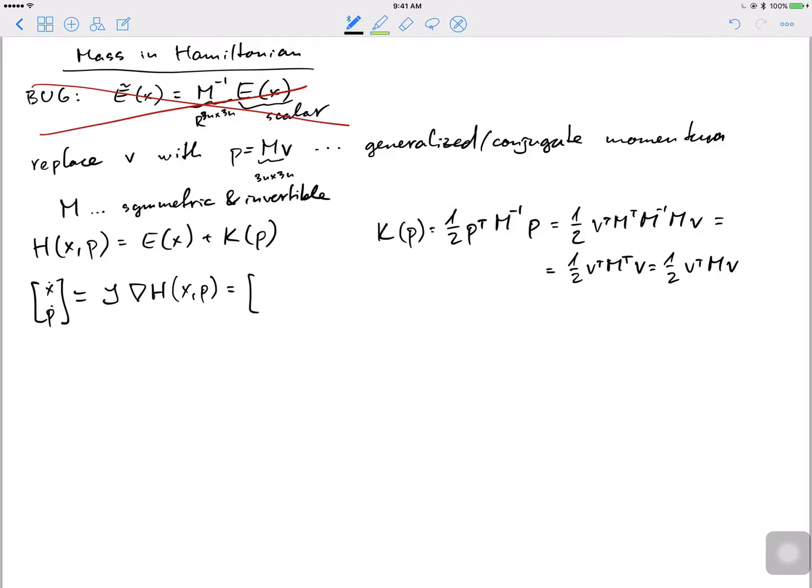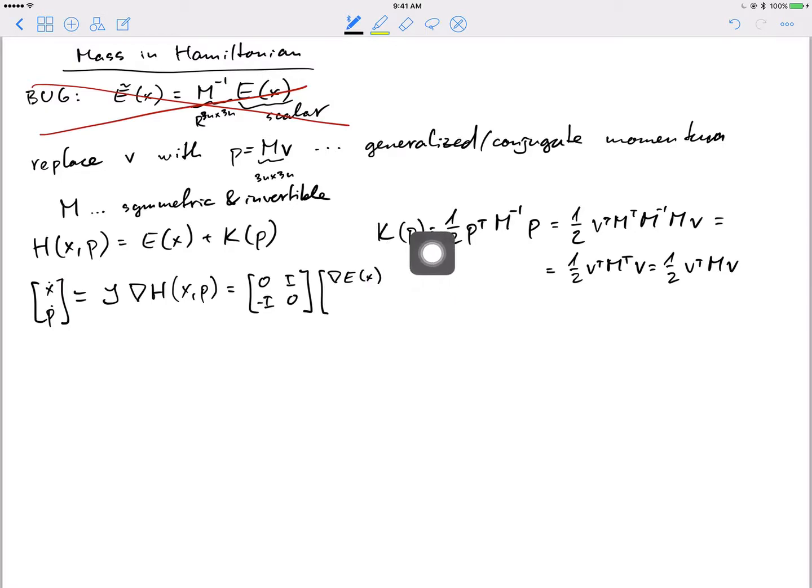So if you don't remember, the J was the matrix 0, I, minus I, 0, the 2n dimensional rotation by 90 degrees. And here I have the gradient of the Hamiltonian, right? If I differentiate by x, I certainly get the gradient of the potential.